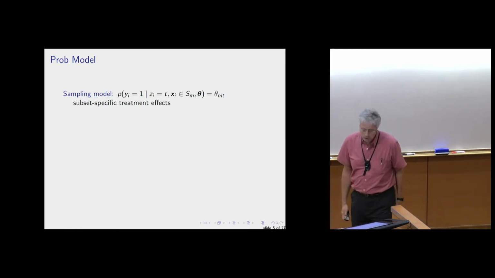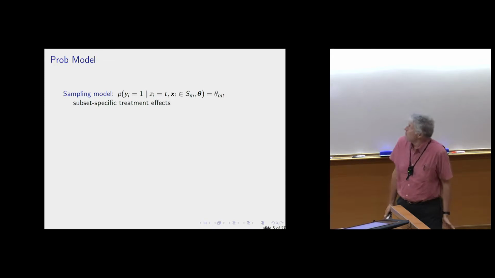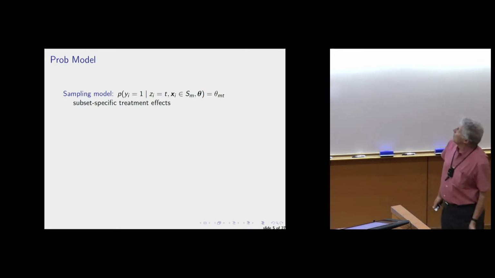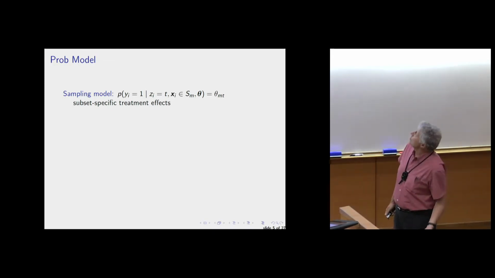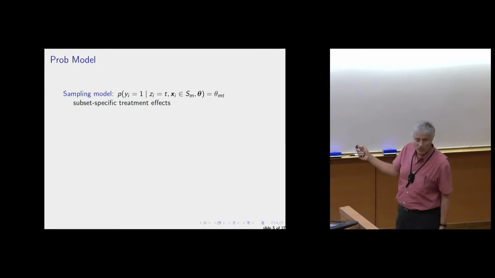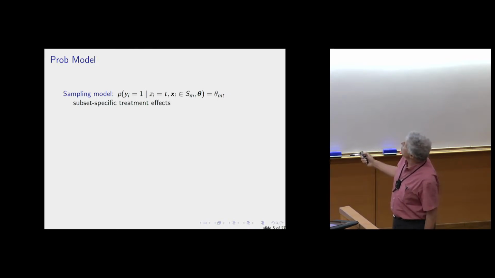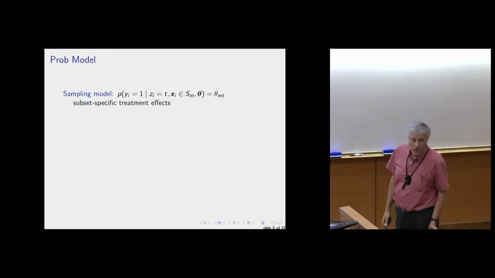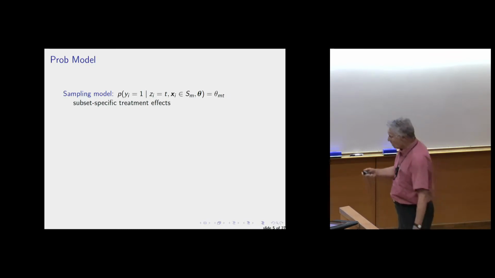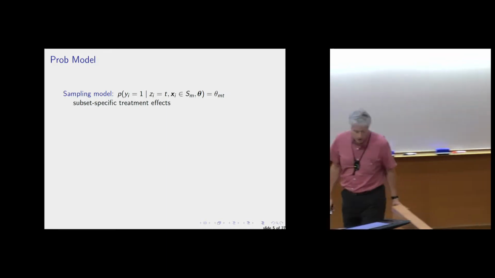The sampling model for the response is as simple as it could possibly be. For each subpopulation, indexed with the little m, if you have a patient whose covariates fall into subpopulation S sub m, and you consider treatment T, then we just assume a Bernoulli with success probability theta mt. So we introduce a separate parameter for each treatment in each subpopulation.